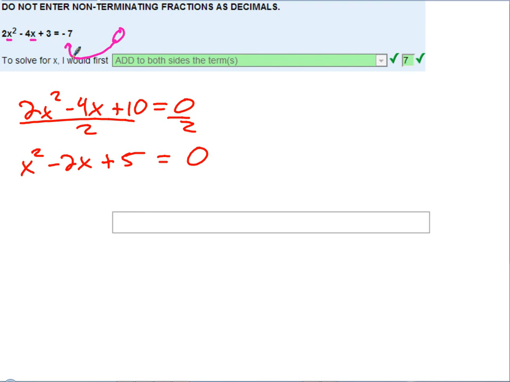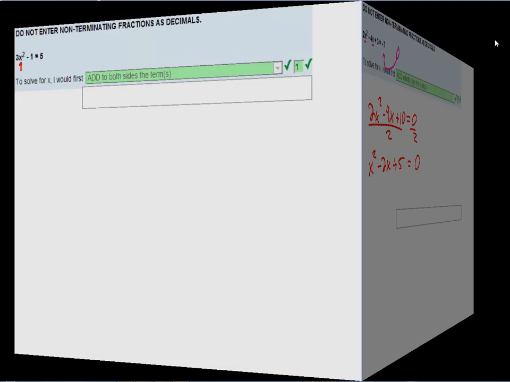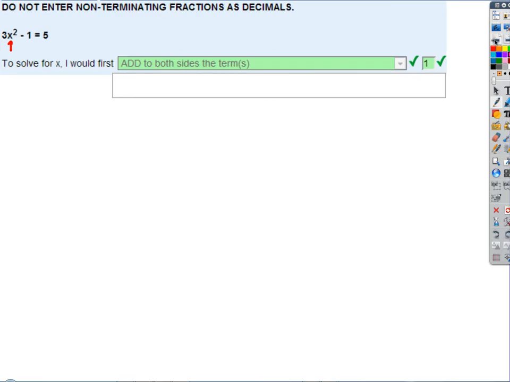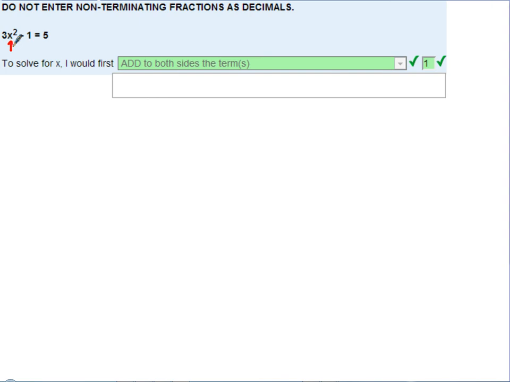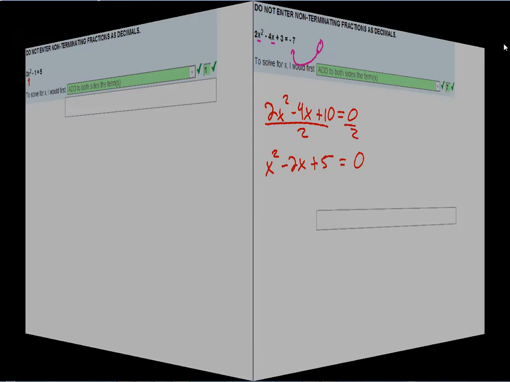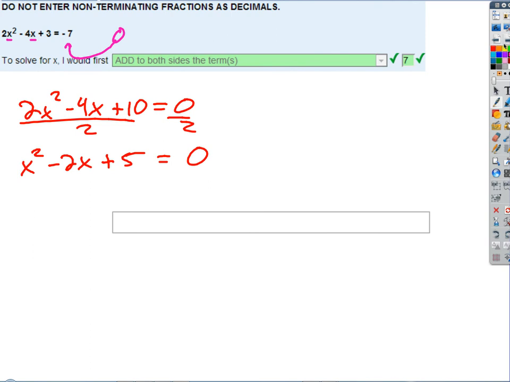See the difference? Whereas in the last 2 examples, I could isolate x, so I was just trying to get x by itself, pushing stuff to the right, away from the x. Make sense? But in this case, I can't isolate, so I've got to get it in standard form. Okay?